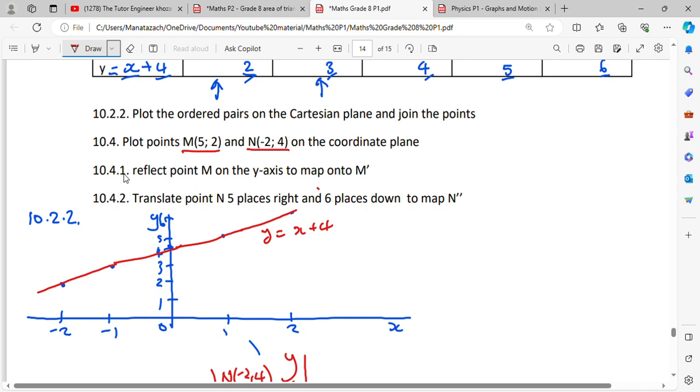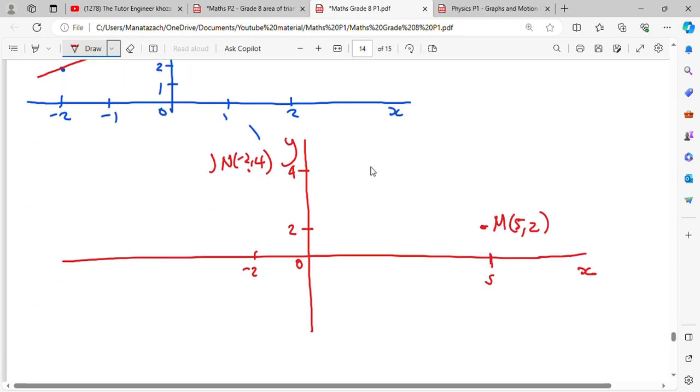The first question is reflect point M on the y-axis to map point M prime. Okay, in order to reflect point M, remember this is point M. Let's choose the color blue. In order to reflect this point, you need to flip the sign of your x coordinate so that you're going to have M prime is minus 5 and 2, right?